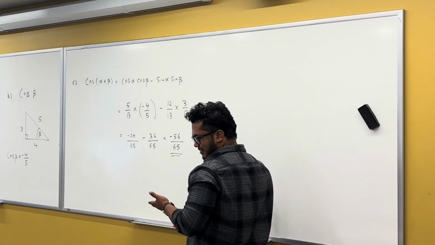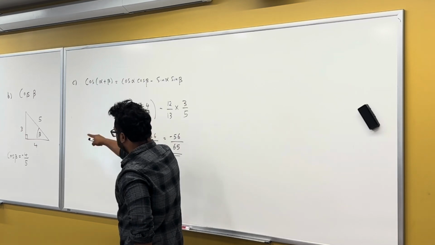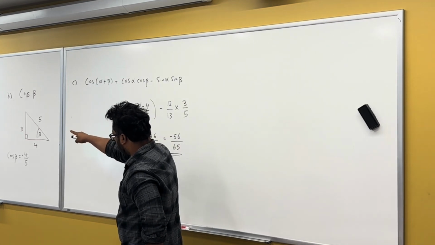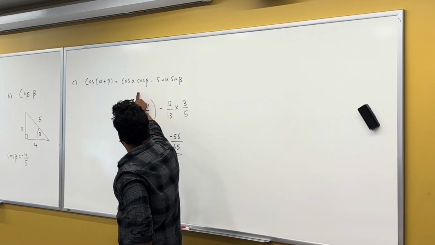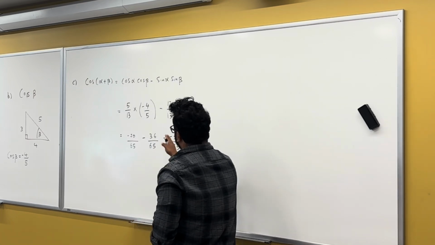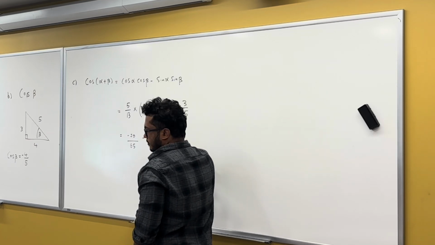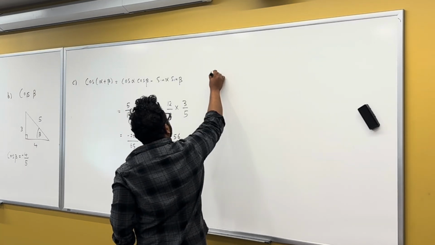This is good. And I apply those two things I found: 5 over 13, cosine beta is negative 4 over 5, and it will give me negative 20. This is 12 times 13, 36. Okay, D.